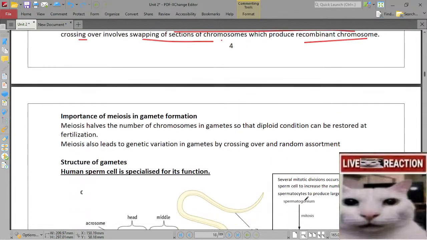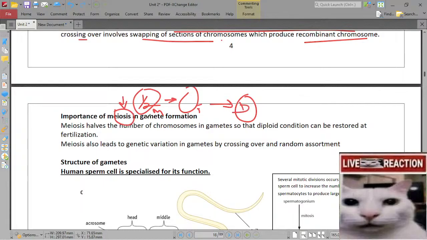Importance of meiosis and gamete formation. Meiosis halves the number of chromosomes in gametes, so the diploid condition can be restored after fertilization. We can't use mitosis here because we need meiosis to make haploid cells, so that at fertilization, the haploid of the male and the haploid of the female can combine to form a diploid whole cell.